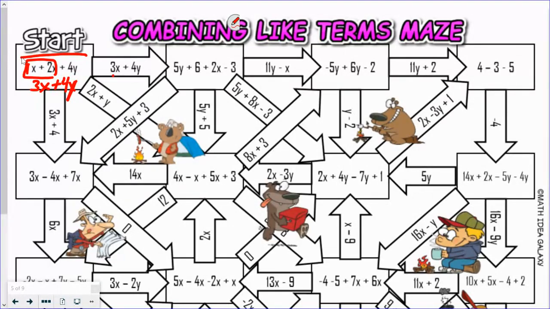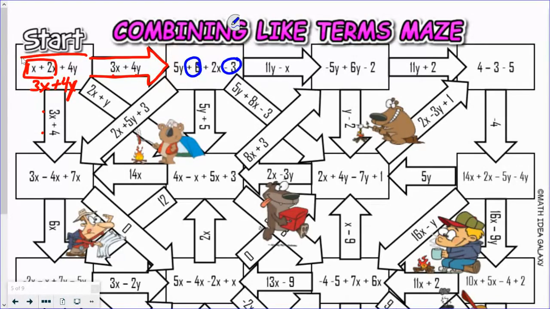Now you have to pay attention. They both start over here with 3x. This one says 4y, and the other one on the left says 4. That's going to tell you, okay, I really need to go this way. Now we can break it down again. What do we have that we can combine? Well, the only thing I can really combine are my constants.